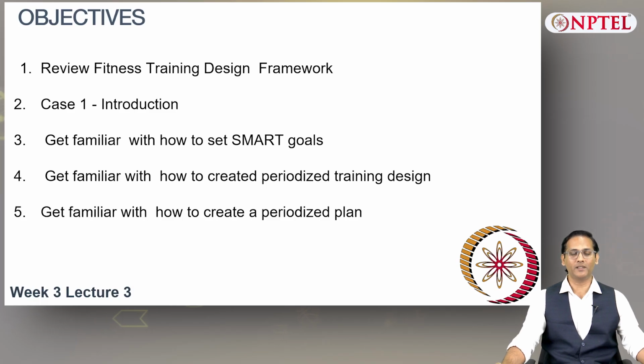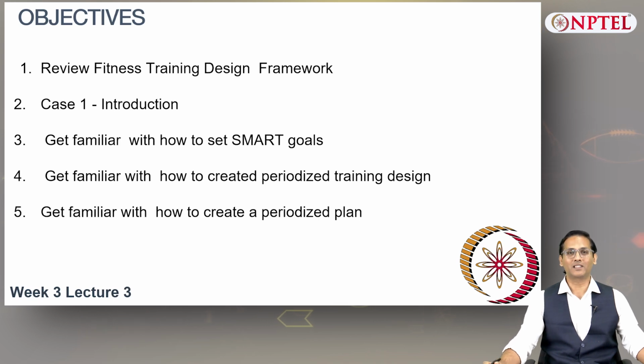Objective number 3 is get familiar with how to set SMART goals. So considering the background of the exerciser, we will now set a measurable time-bound goal for the two cases.